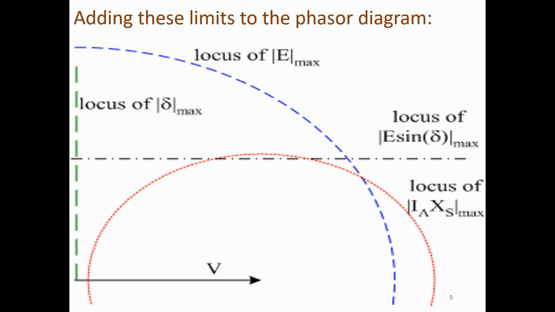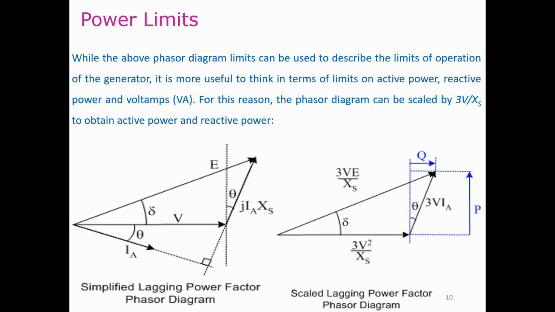Third one is the locus of E sin delta maximum, the prime mover limit or mechanical limit, and the locus of delta maximum, that is delta equal to 90 degrees, where the angle between E and V is 90 degrees, denoted by green color, which is called the steady state limit or electromagnetic limit. So here all these limits are added on our phasor diagram.